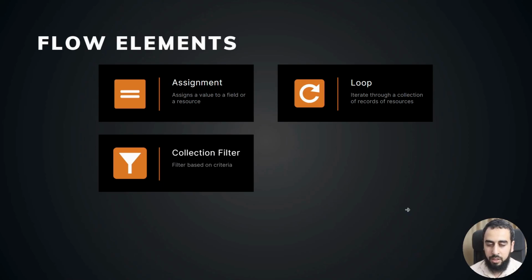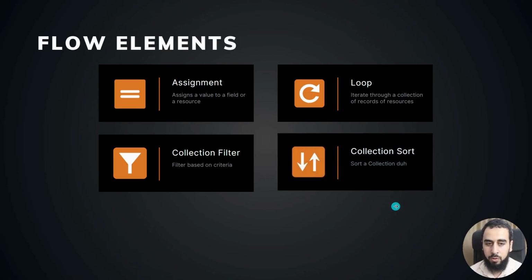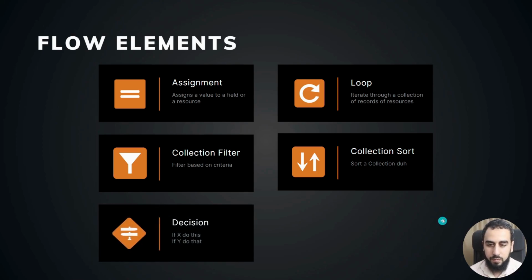If we have a collection of records, say a list of opportunities, some of them are closed won and some of them are closed lost, and we would like to grab the won opportunities only, we can filter them down to won opportunities only. We can also sort these opportunities by closed date or by created date. A decision is basically an if statement. If X is met, do this. If Y is met, do that.